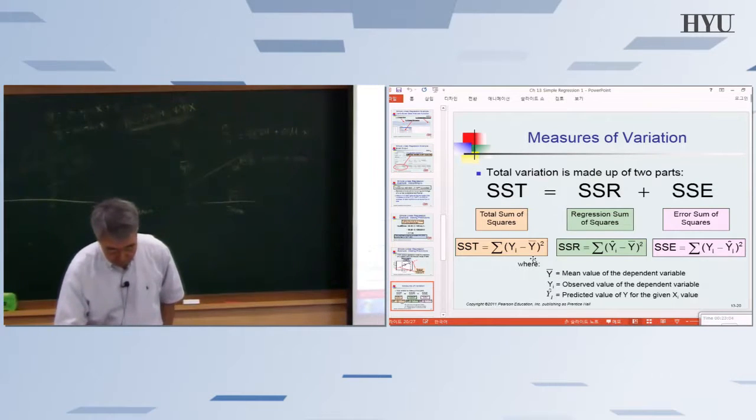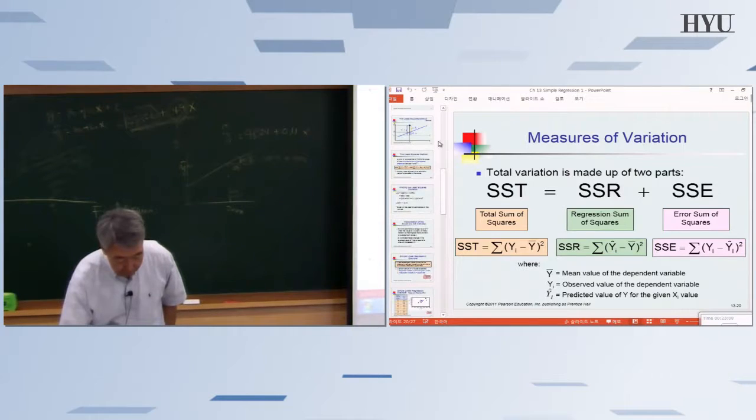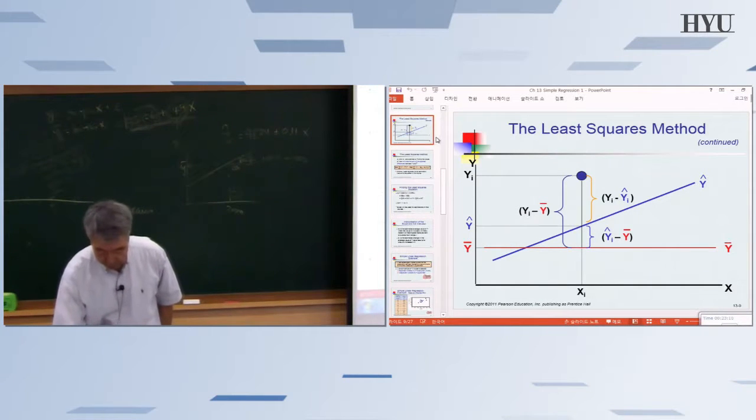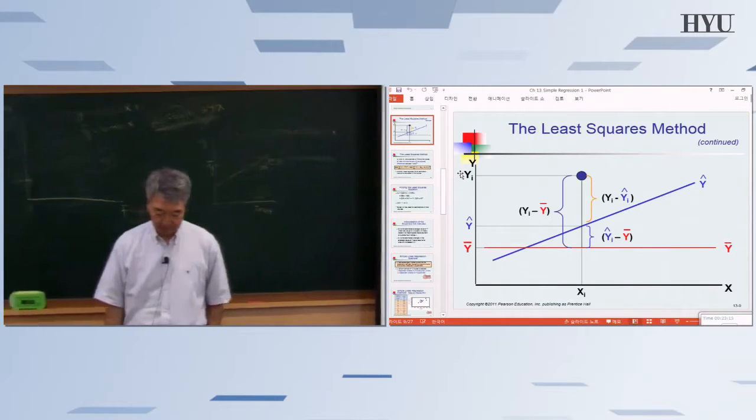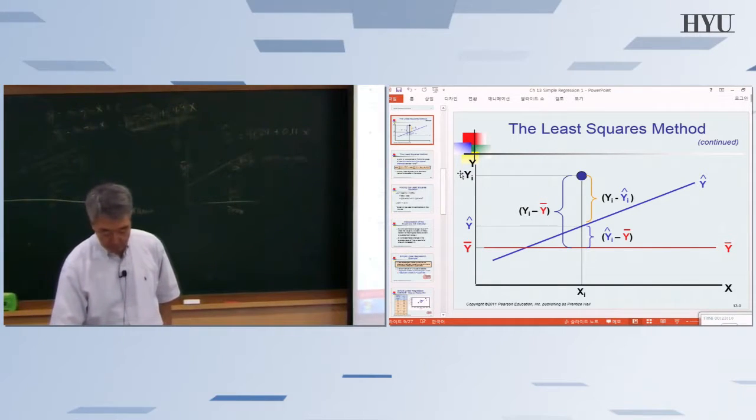So let me go back to slide number 9 here. You've seen this graph last time. We have the actual y value here, yi, and let's say this is the grand mean value y bar.